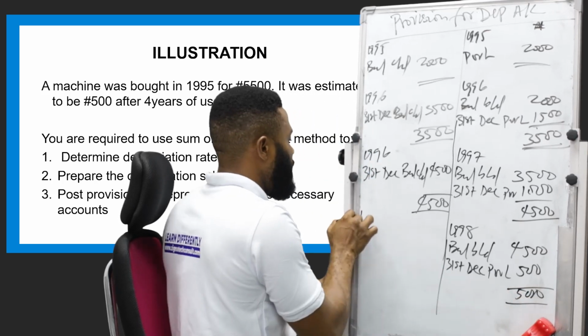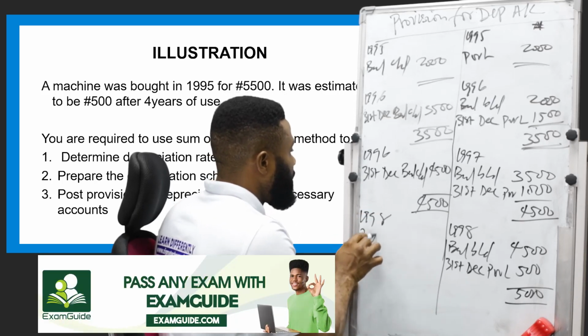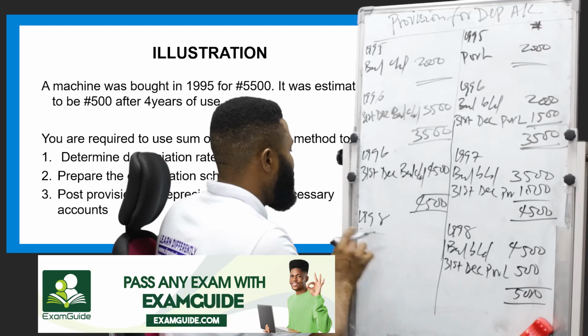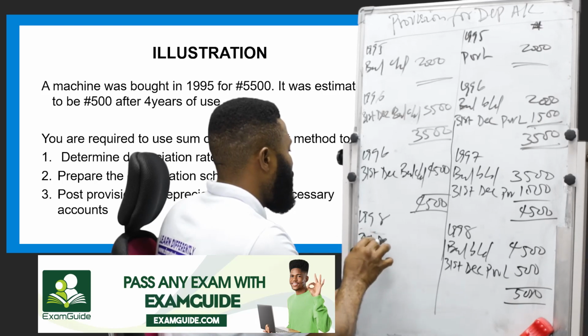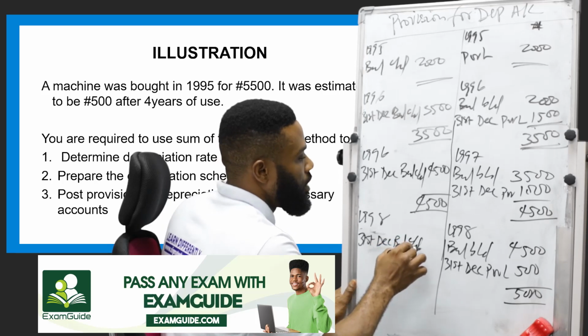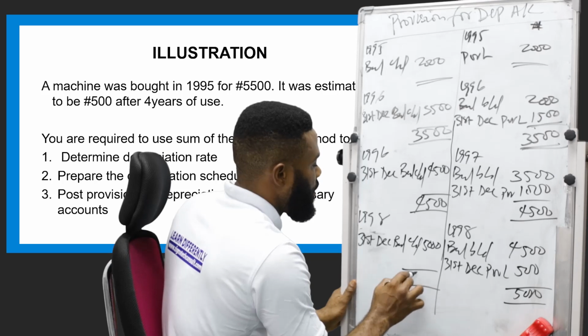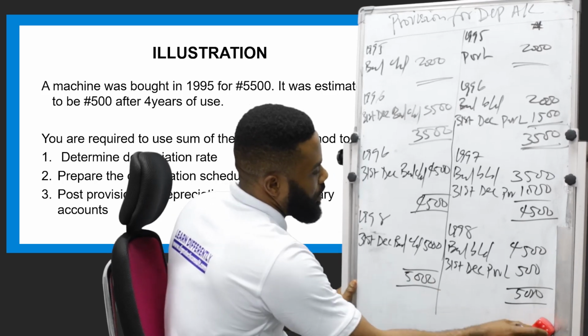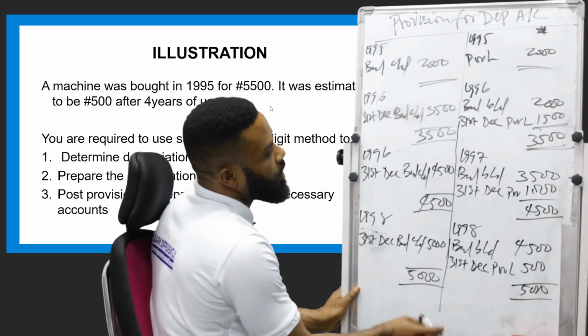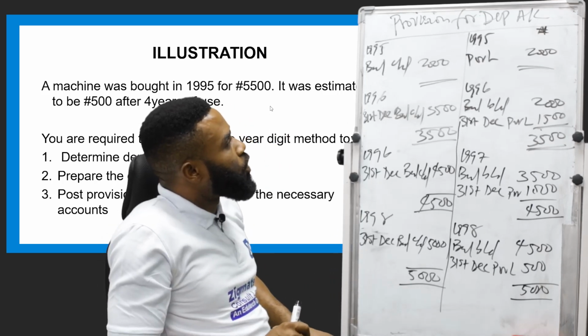And then here you have your 1998, you have your balance 31st December. 31st December balance carried down is 5,000. And then you have 5,000. So this is how to prepare your provision for depreciation.